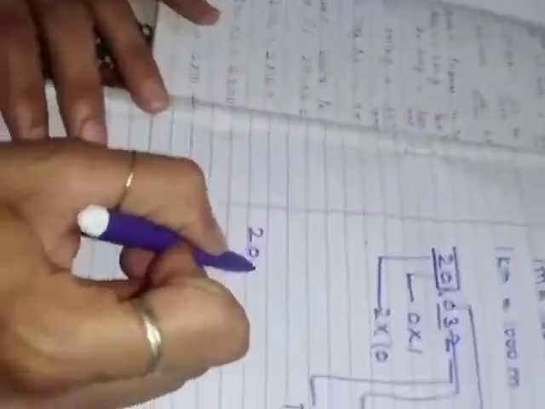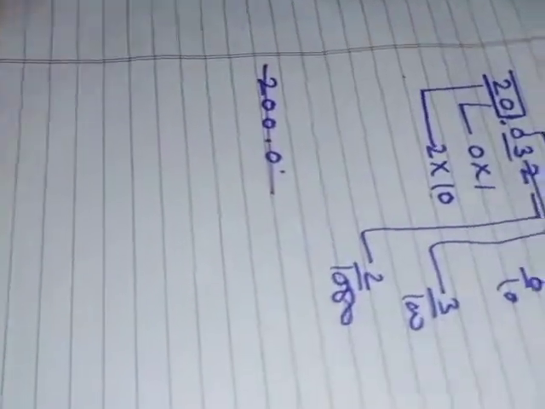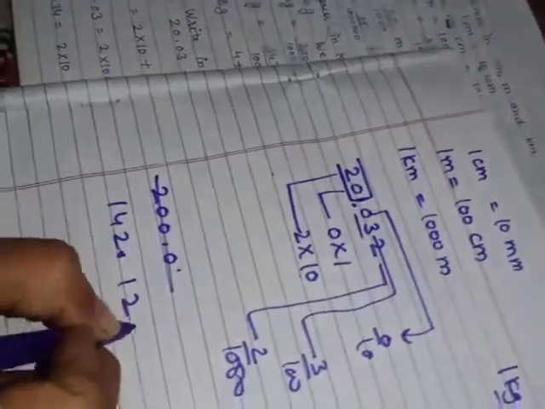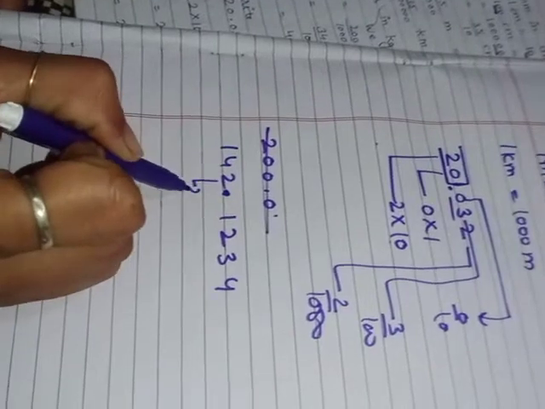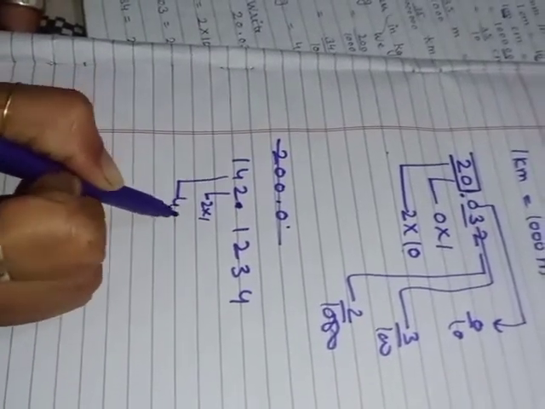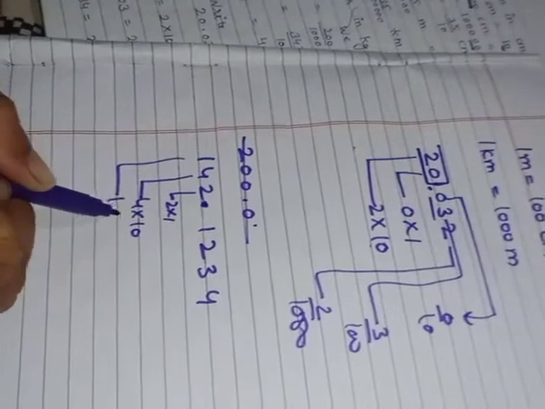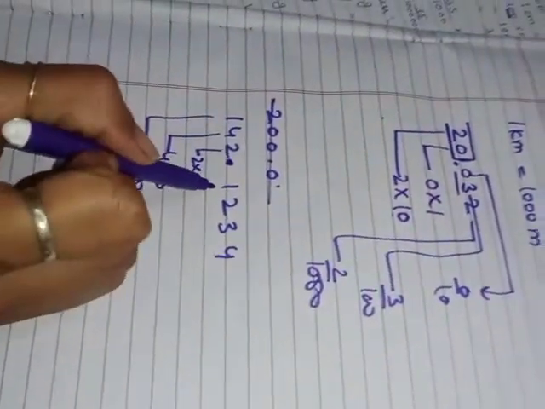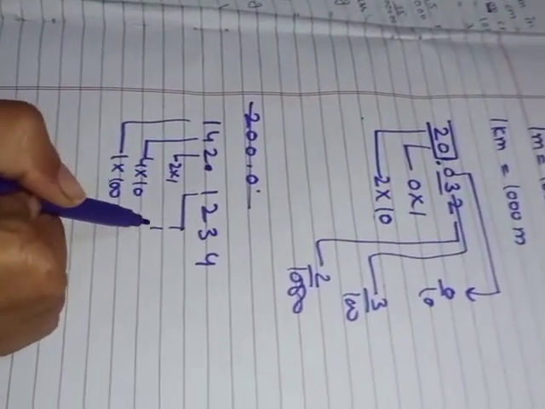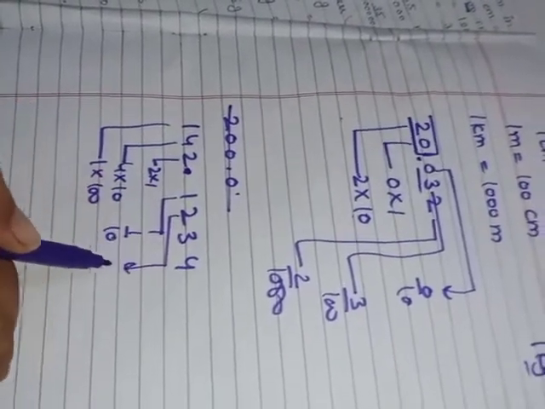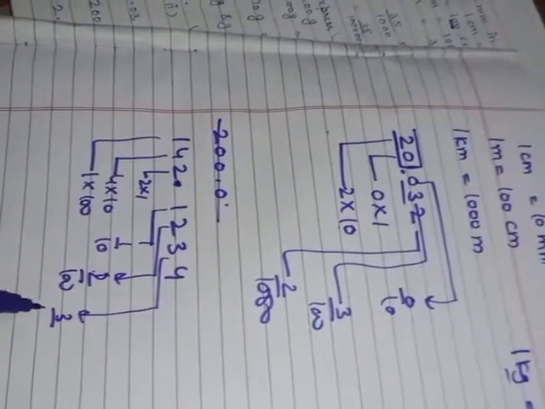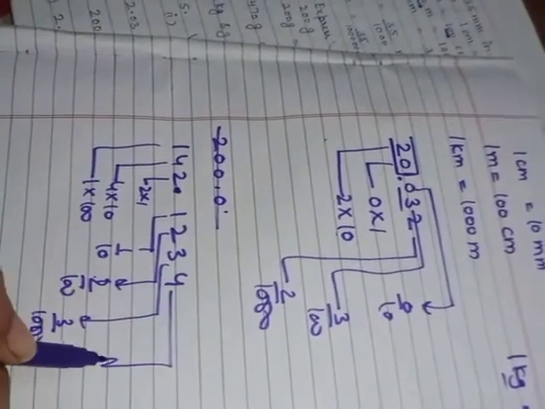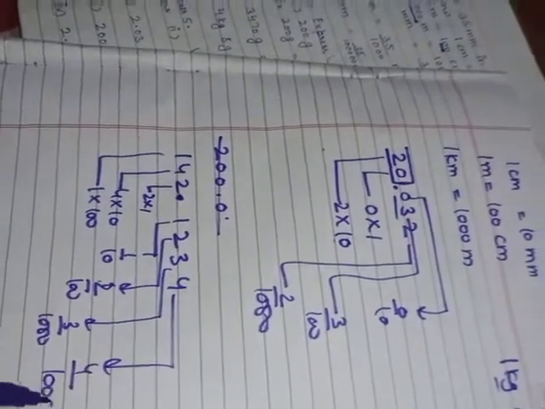You are given this one term. Let me not take this example, I am taking this one example. Clear? So before the decimal, that is multiplied with the 1, that is multiplied with the 10, and that is multiplied with the 100. Clear? Now come there: that should be divided by the 10, that should be divided by the 100, that should be divided by the 1000, increase 1 zero in the next term, and that should be divided by the 10,000.